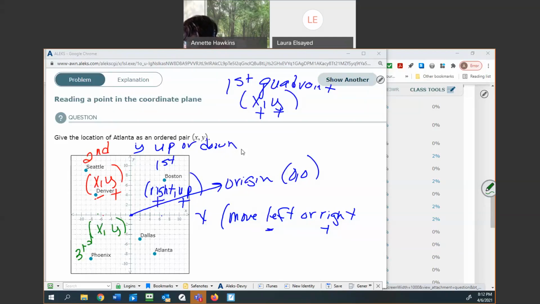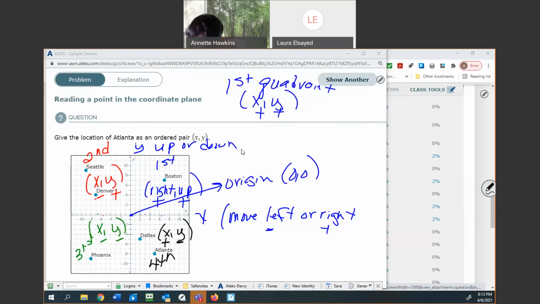I went left, X is negative. I went down, Y is negative. So X and Y are both negative in the third quadrant. To get into the last quadrant, which is called the fourth quadrant, we always begin at the origin. I have to go right and down. Since I went right, X is positive and Y is negative. So those are the signs of X and Y in the different quadrants.